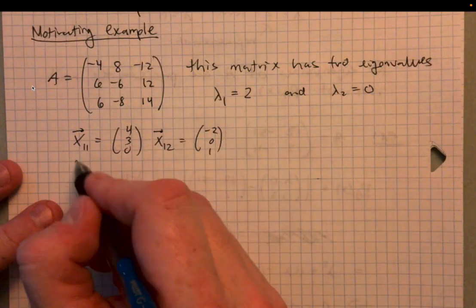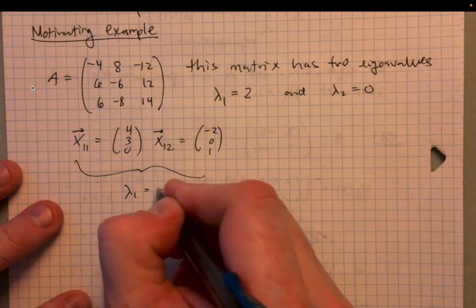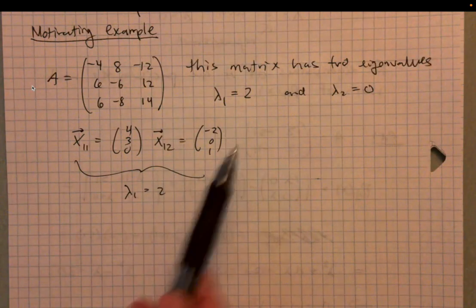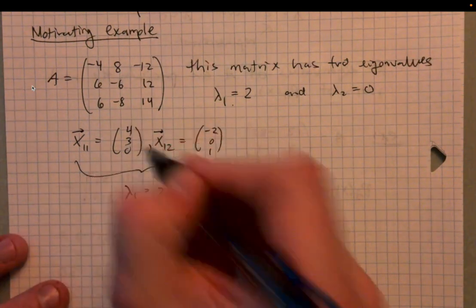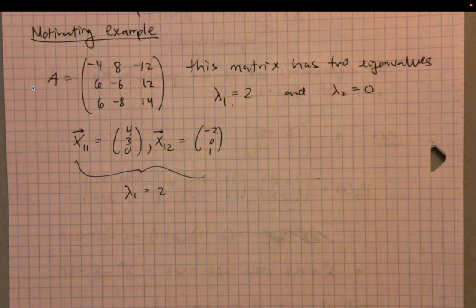Now these both correspond to λ1 equals 2. So this particular eigenvalue has two distinct eigenvector families here, right? You can spin up an infinite variety of versions of x11 and of x12, but these two are independent: one is not a scalar multiple of the other.